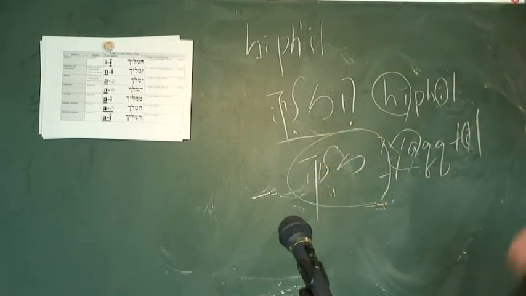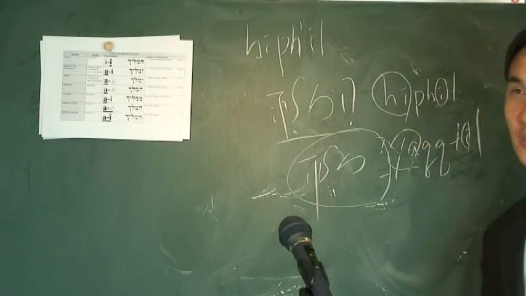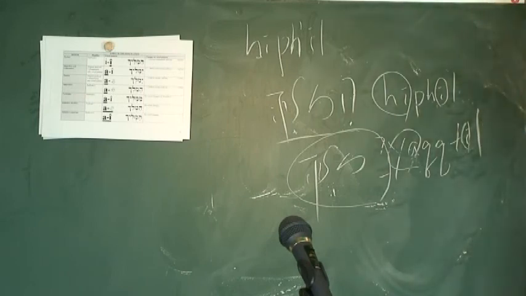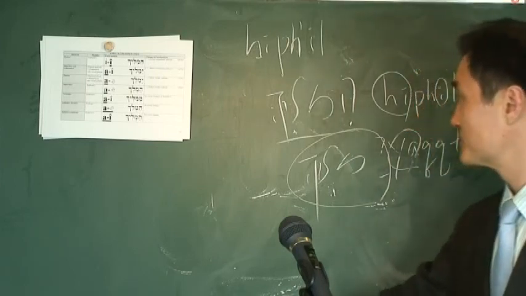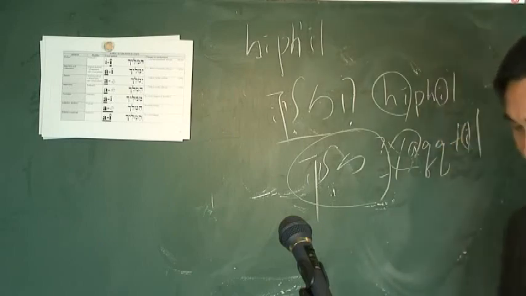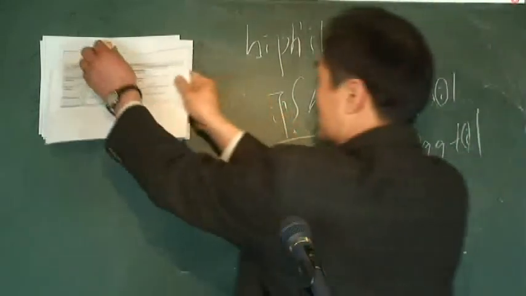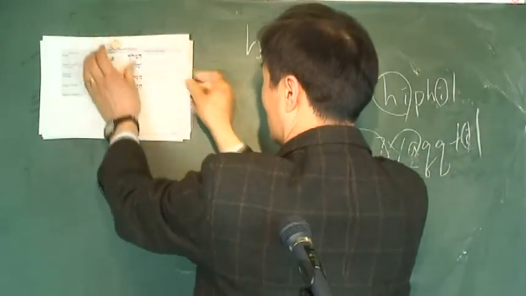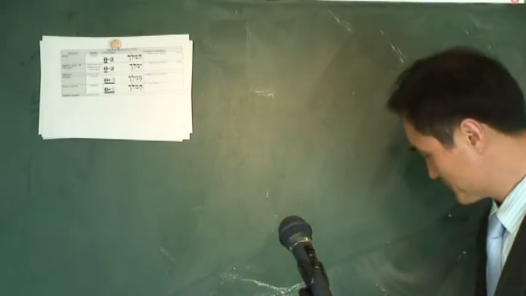E would be hirek, yod. Hence it would be yamlik. In this way, we can find the perfect and imperfect forms of the hifil verb, and we can add prefixes and suffixes to change the person.